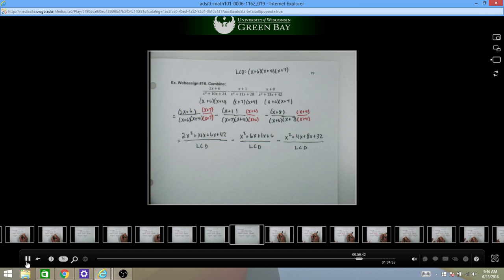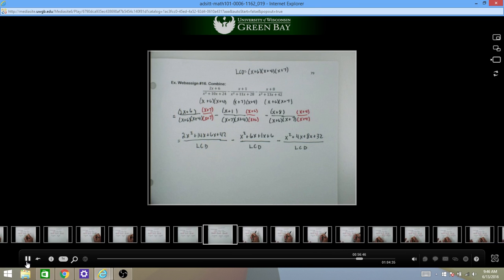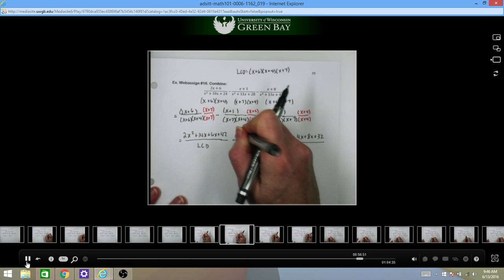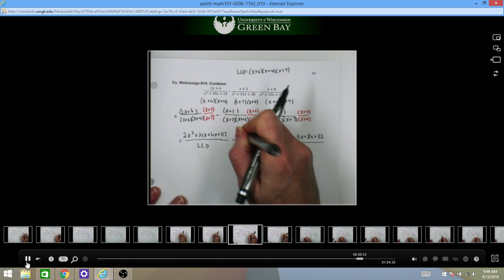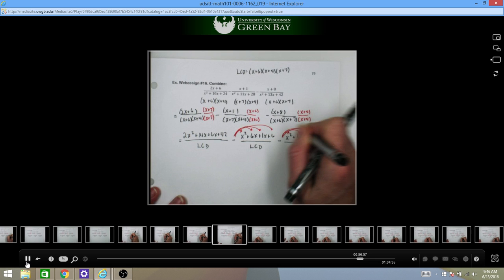So all of these need to be combined, added and subtracted. Actually subtracted, right? So as you subtract, make sure the minus sign extends to each term. We have a lot going on.